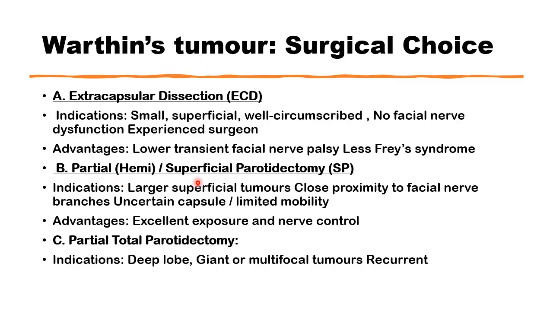It's indicated if the tumor is a bit larger but still in the superficial lobe, when the tumor is in close proximity to the facial nerve branches, when there is some limited mobility of the tumor, possibly due to previous infective episodes, and when there is a bit of uncertainty about the integrity of the capsule.